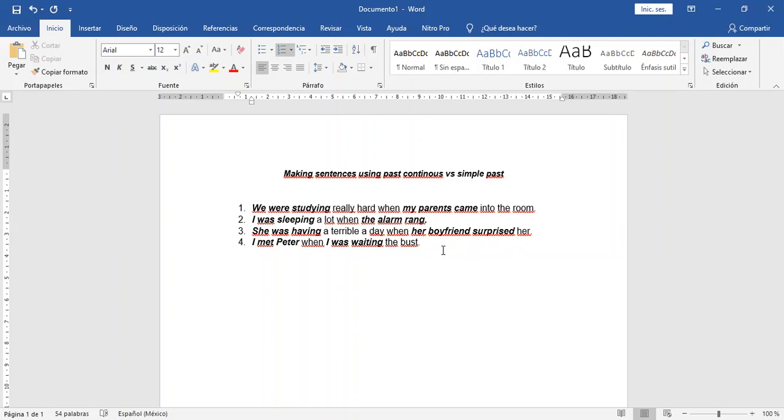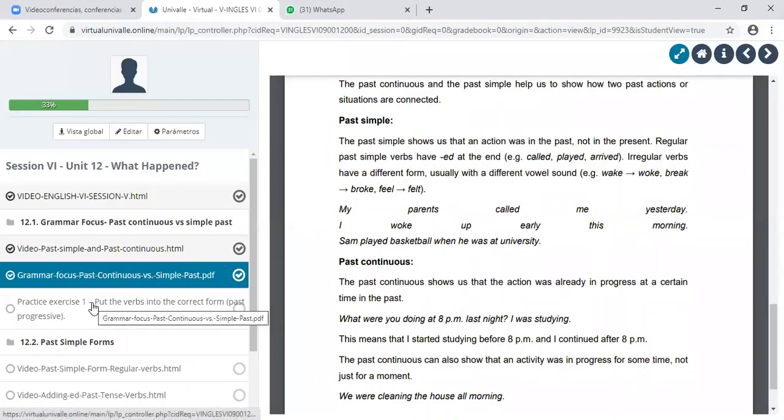So it's really important for you to understand that the past continuous sentence is not always at the beginning. It could be at the beginning or at the end. It depends on the sentence's context, okay? Now we are going to make the practice exercise, so focus on the explanation, okay?